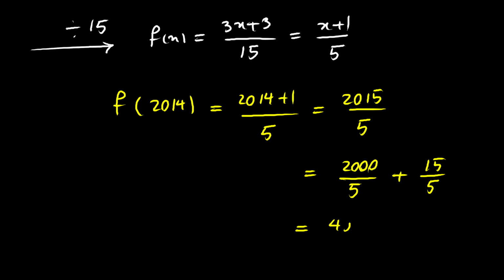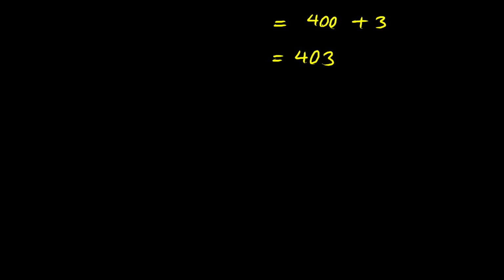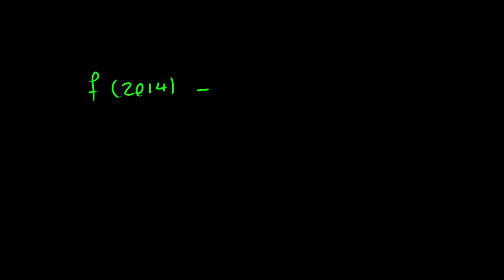So this equals 400, and this equals 3, so we have 403. So f of 2014 equals 403.